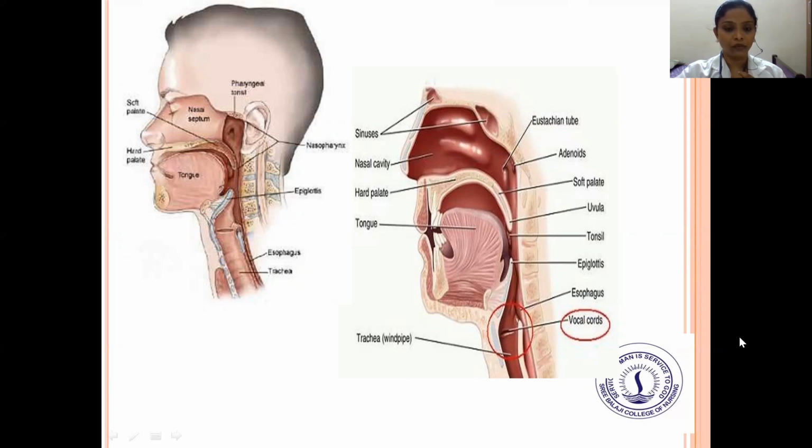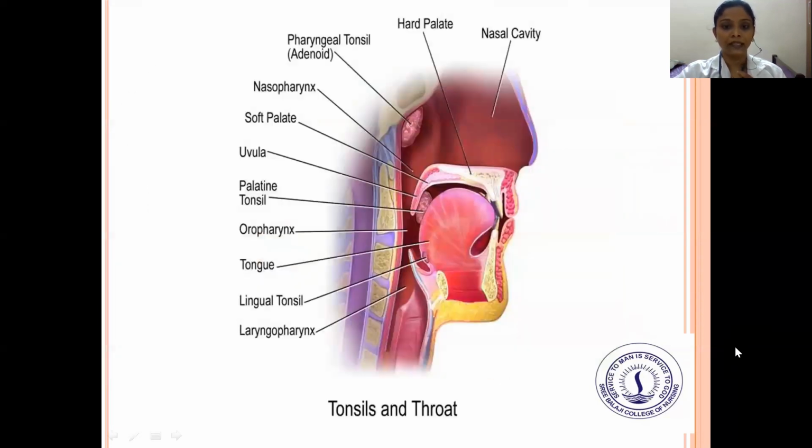Then the front portion will give you the sinus, nasal cavity, hard palate, tongue, and the trachea. The trachea is also called the windpipe. Next, here is the relationship of the tonsils and the throat. You can see here the nasopharynx, soft palate, uvula, palatine tonsil, oropharynx, tongue, lingual tonsil, and the laryngopharynx.